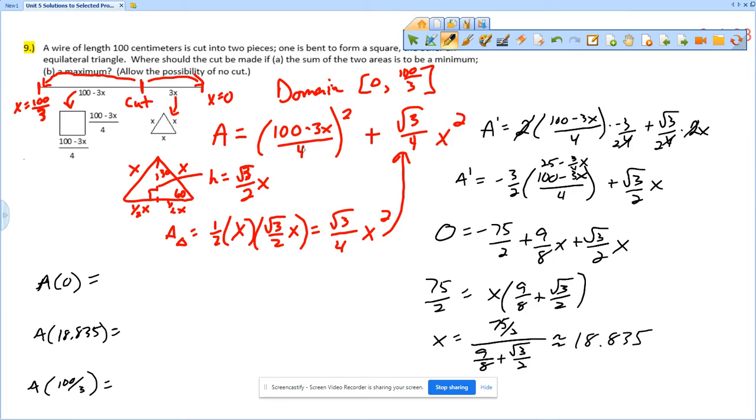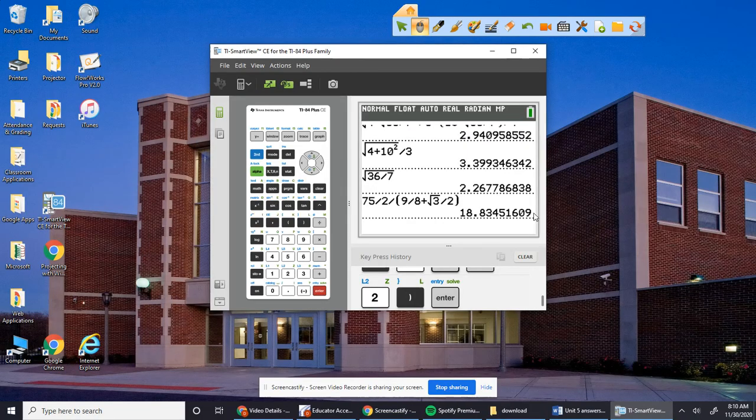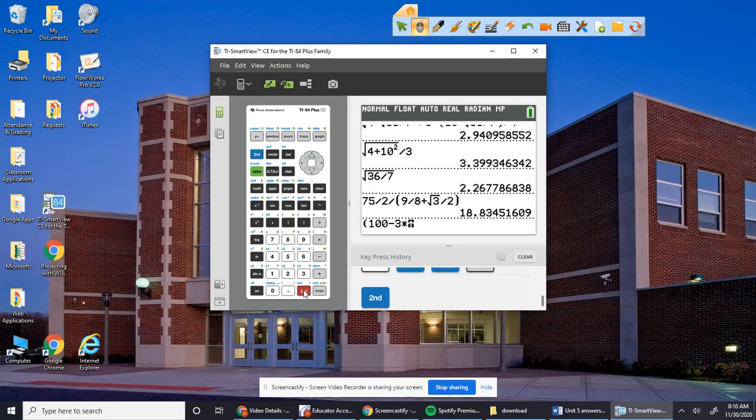We've got the (100 minus 3x)/4, where x is the answer.